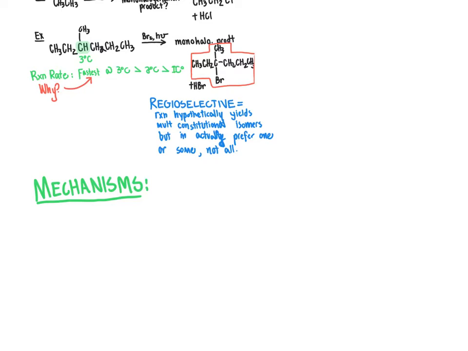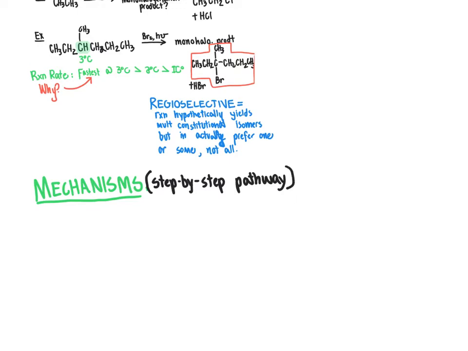So try to understand as we go through what's going on at each step. This mechanism, by definition, is going to be our step-by-step reaction pathway to go from the reactant to the product.